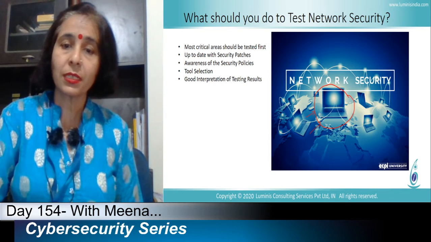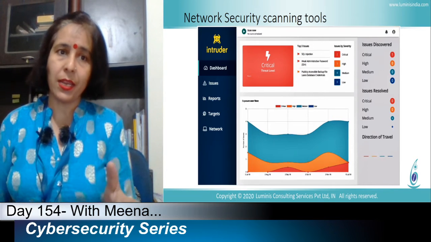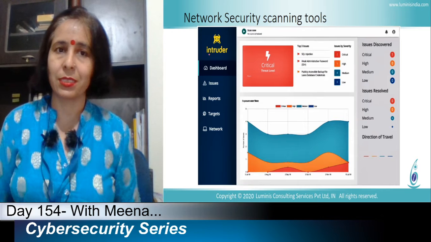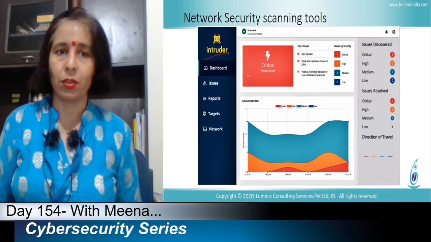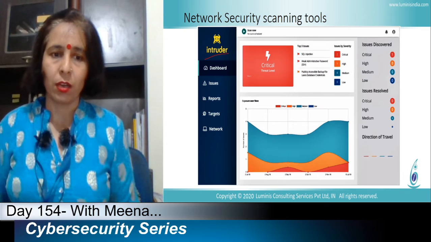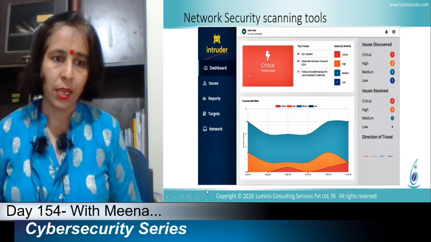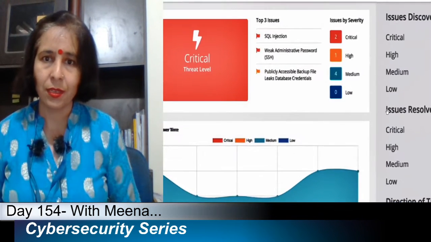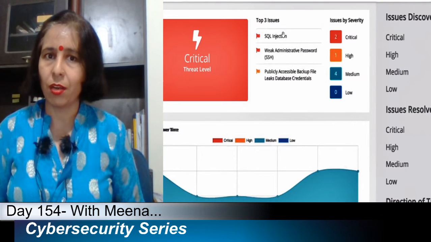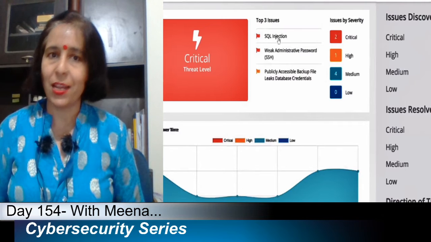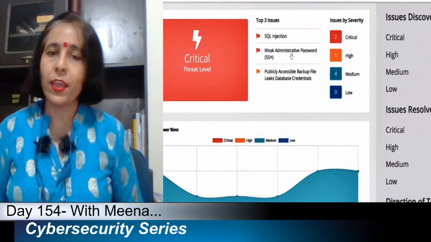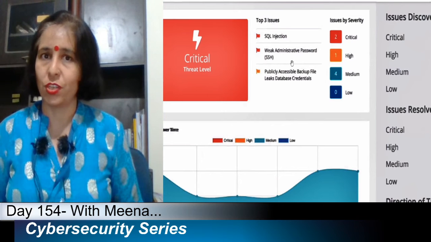Clear? And here is an example of one network scanning tool, Intruder. Okay, so you can see the output of this tool. It is showing us two critical issues related to SQL injection, and one for a weak administrative password for SSH.